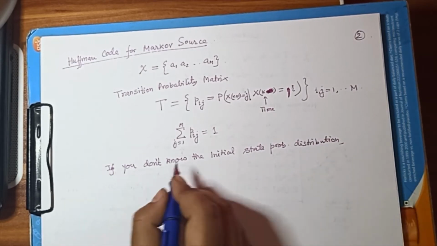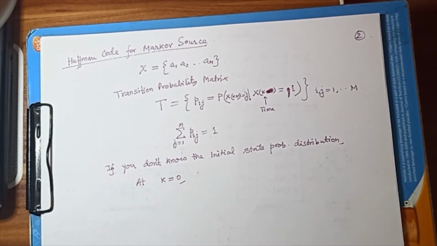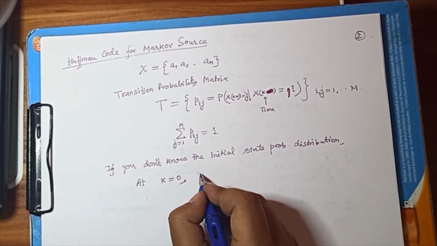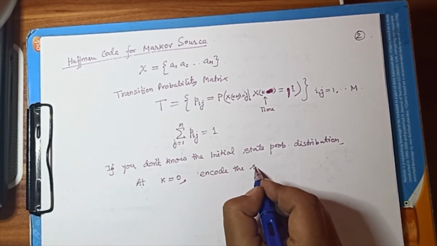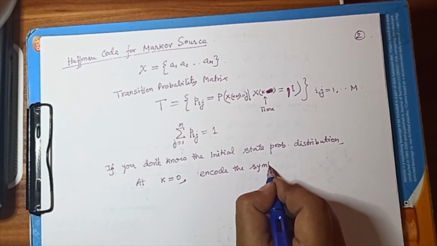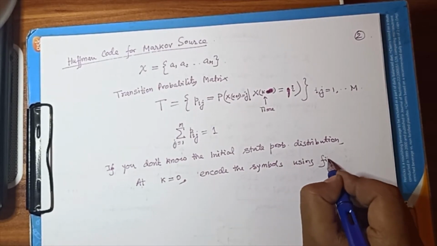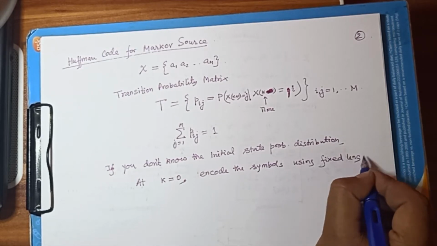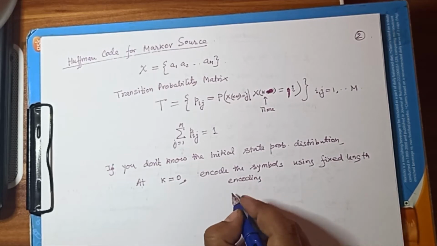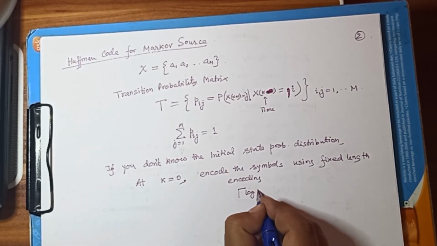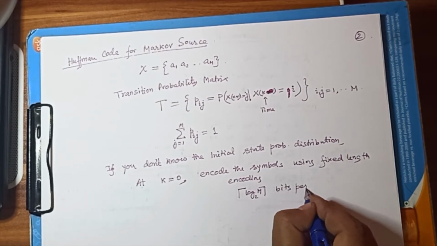You can assume that at time t equal to 0, say k equal to 0, you encode the states. States means basically the symbols, using fixed length encoding. So you have to use log m bits per symbol, and this should be known.